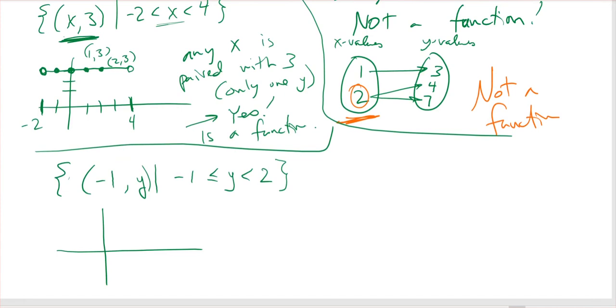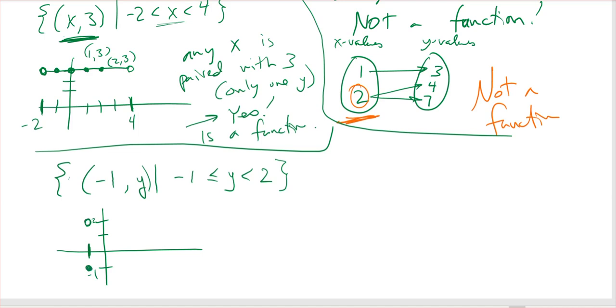Our x value must be -1. And -1 is going to be paired with all of the numbers for y that are between -1 and 2. So -1 is here, 1, 2 is here. So every y value between -1 and 2 is going to get paired with the x value -1.